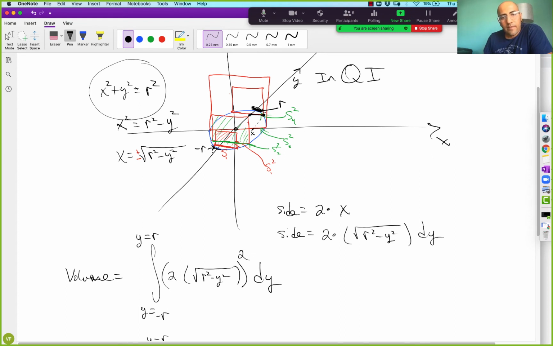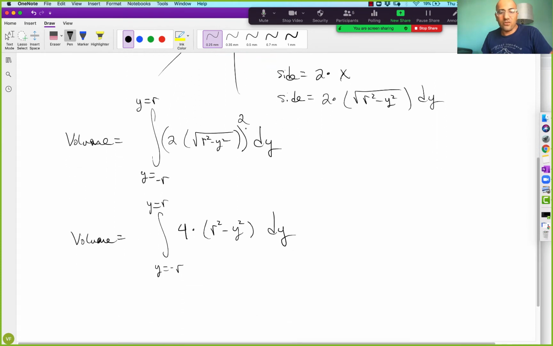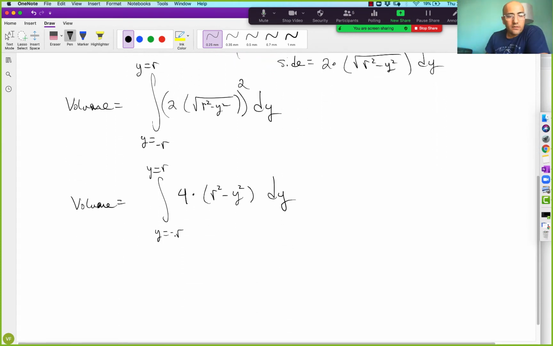So instead of y ranging from negative r to positive r, we can go from 0 to r and then double it. And the reason why that's nice is because throwing in a 0 usually makes life easy, right?